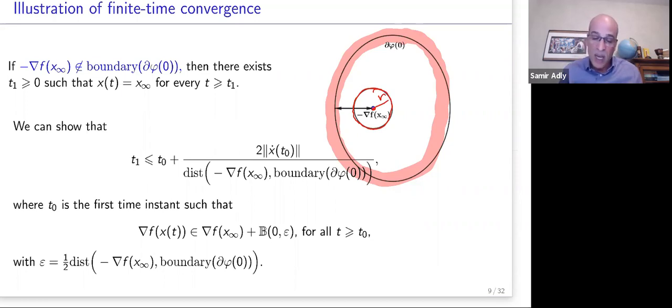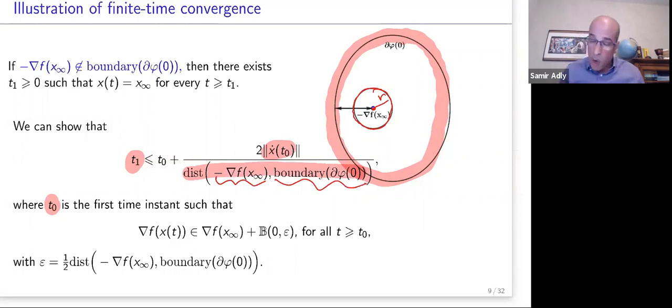This is why the finite time t1 will be less than some constant. And this constant will depend, of course, on the velocity at some point t0, but I don't have time to explain what t0 is here. But what is interesting is the denominator. What we have in the denominator is the distance from this point to the boundary of the subdifferential.